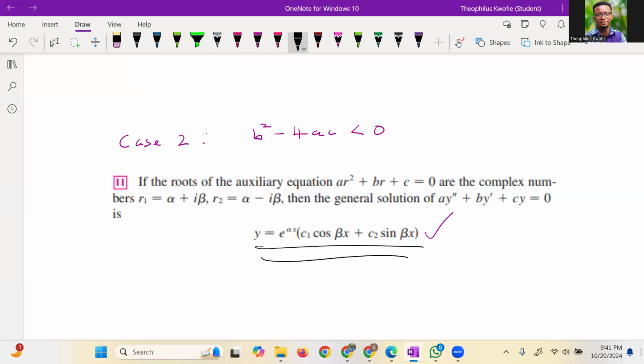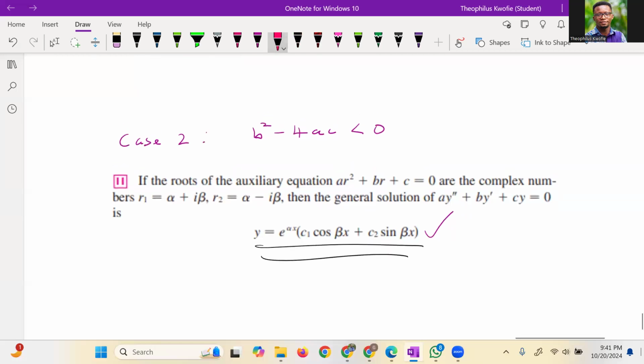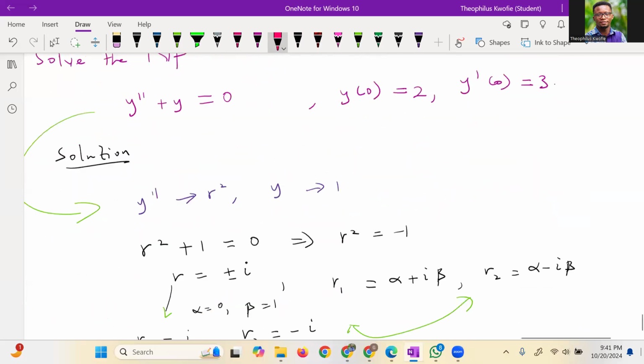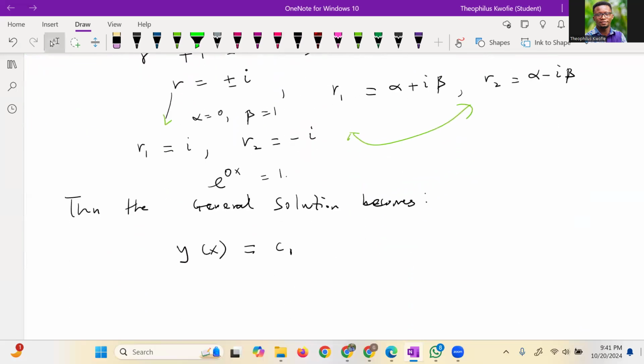Your alpha from the problem is just zero, and your beta is just one. So it means that we are just going to plug it back into this. When you do that, then we should have C1 cos x plus C2 sin x. Does that make sense?